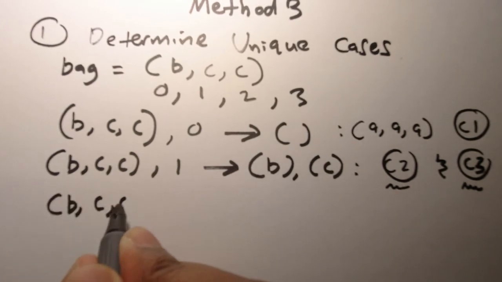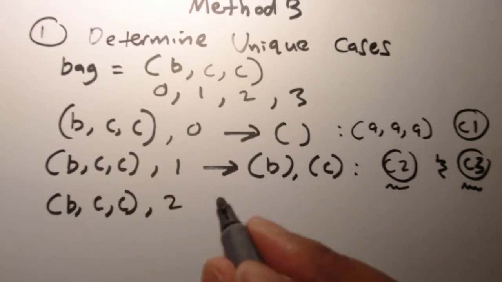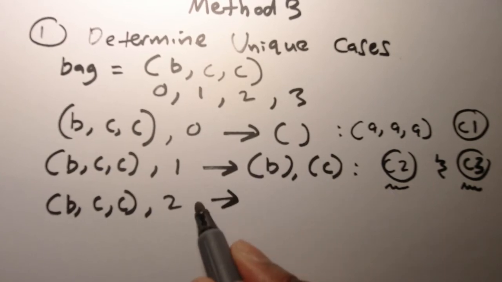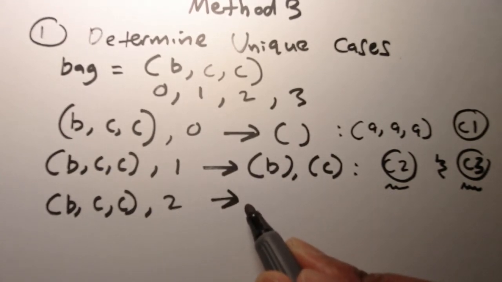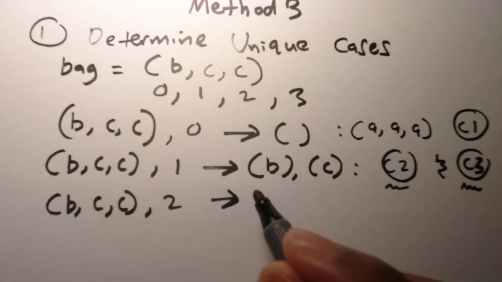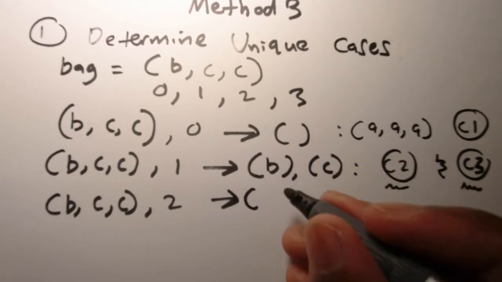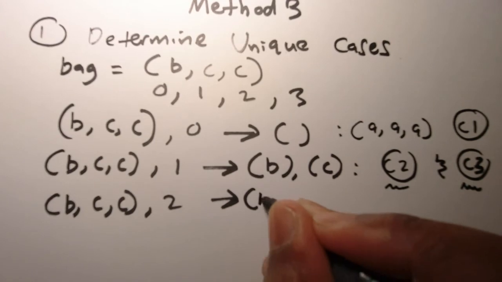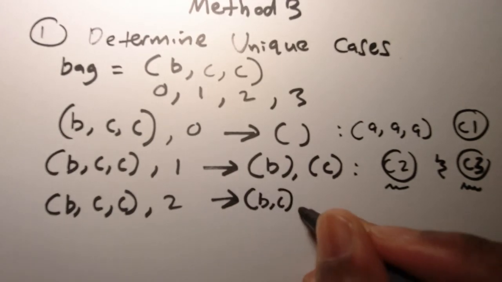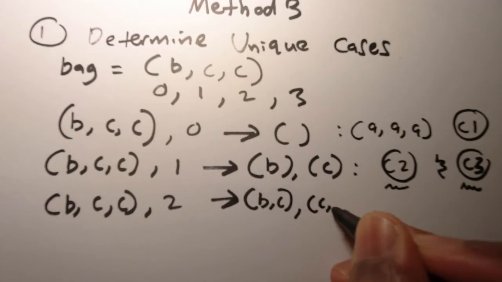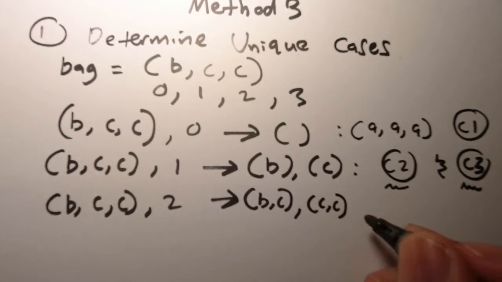Let's take a look at pulling out another grouping from the bag. So now the size of the selection that we're pulling out is 2. So we can only pull out a group of 2. When we do that, the unique items that we can pull out would be a grouping of B and C, and then another unique grouping of having all C's.